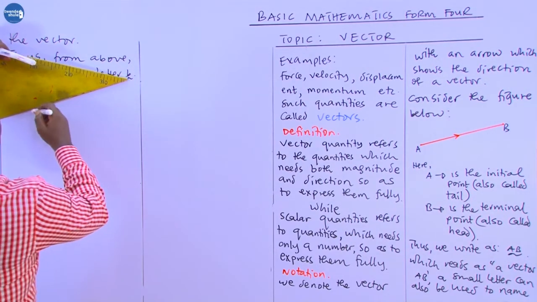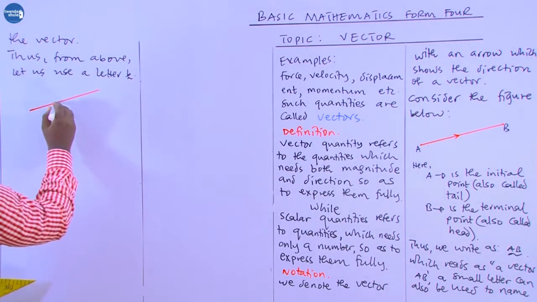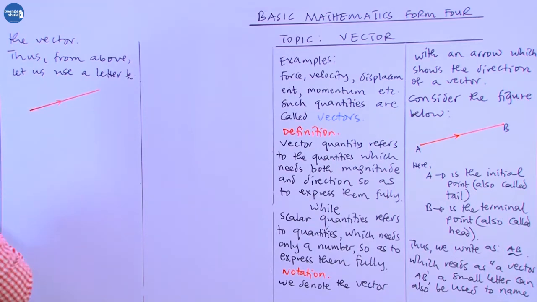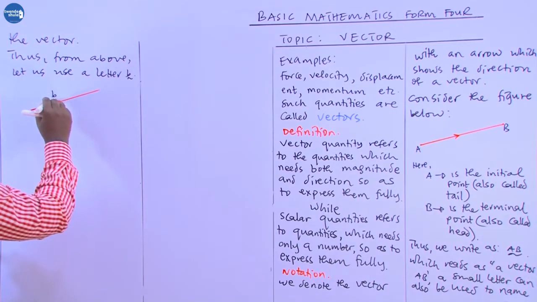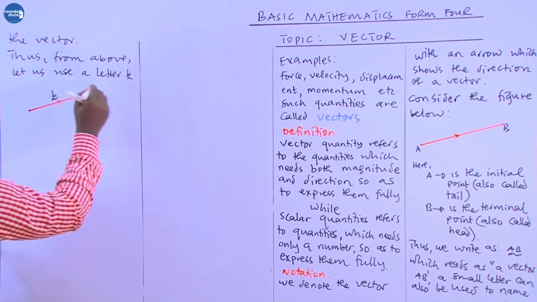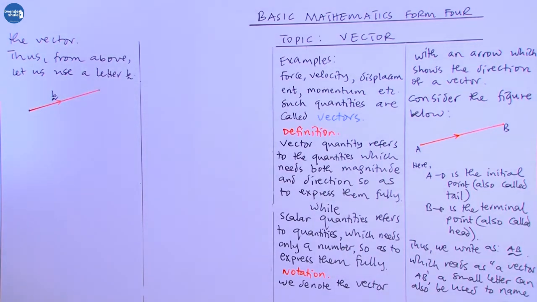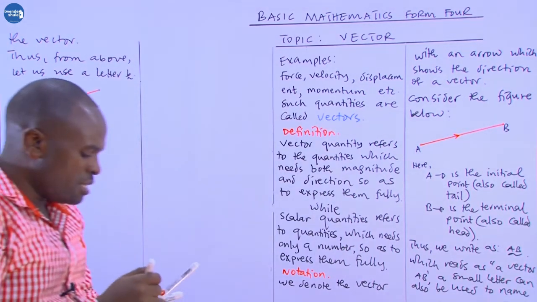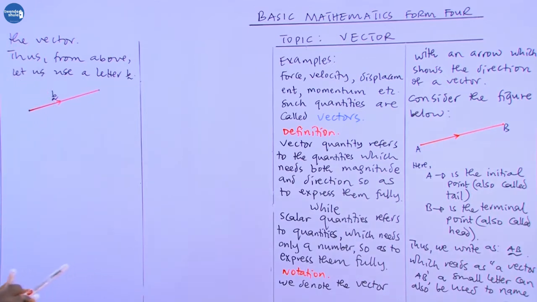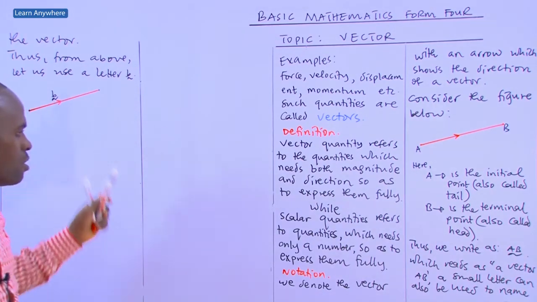We could simply present the vector here with an arrow, and this letter B indicating the vector starts from this point to this point, which also signifies the same concept of denoting the vectors. So you can see how it really works with this concept.